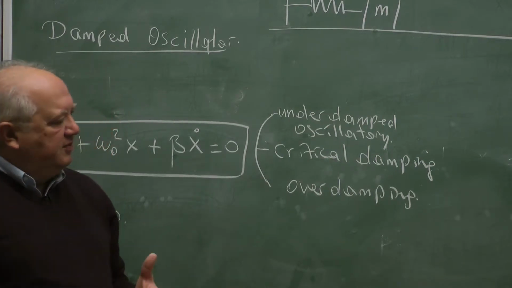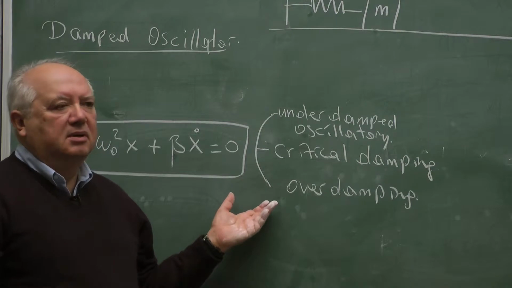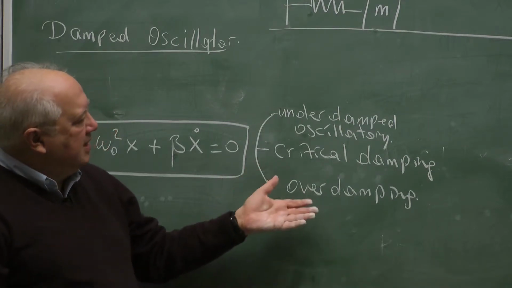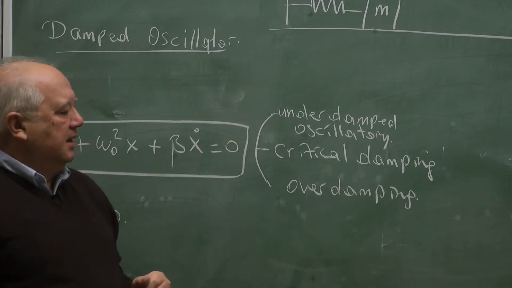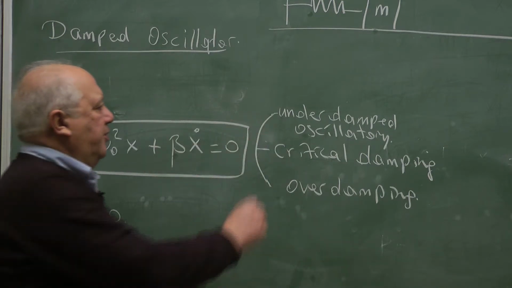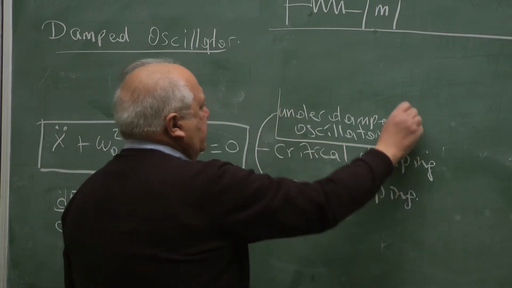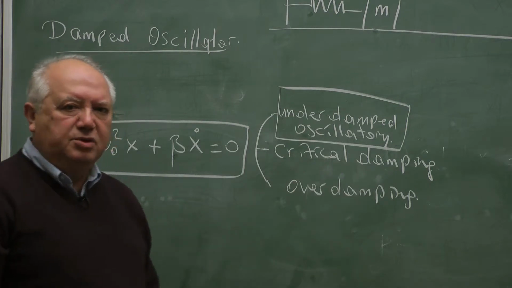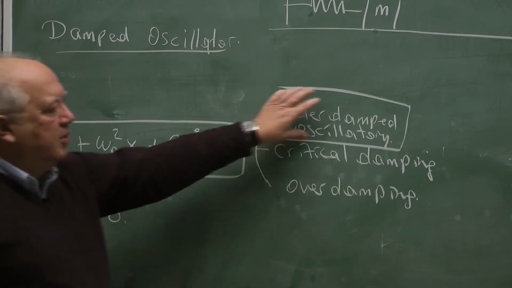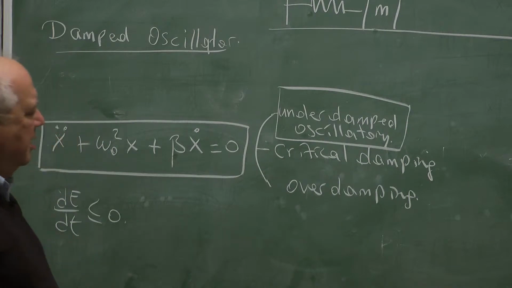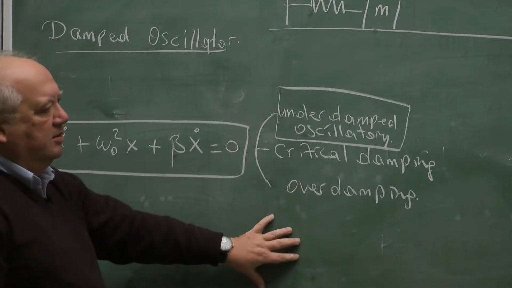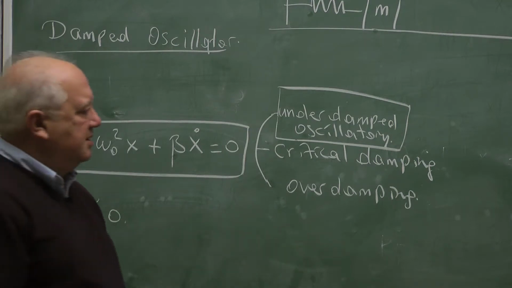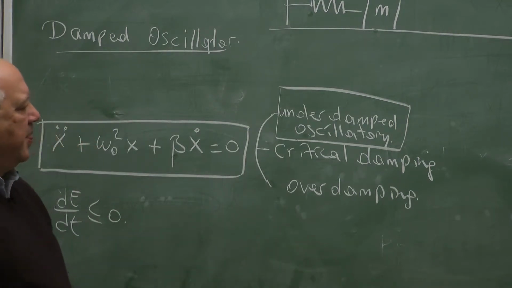And for different physical problems, you want your oscillator overdamped or underdamped. But for physics, it's mostly this underdamped oscillatory. So I will simply write the solution, and we will, from now on, work with that solution. Okay? So the mathematics you can find in the homework, and you are led step by step to the solution.